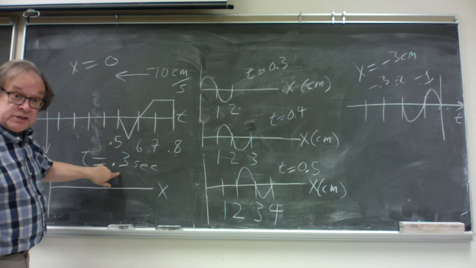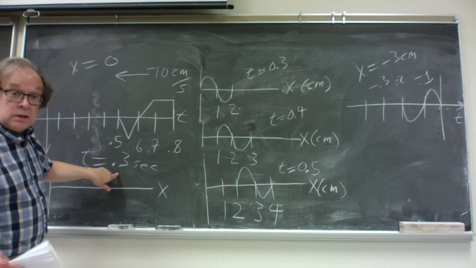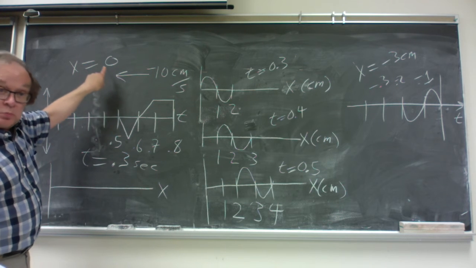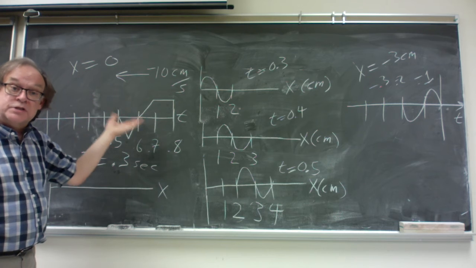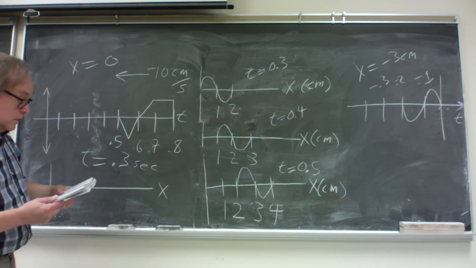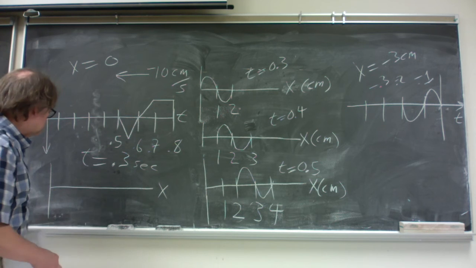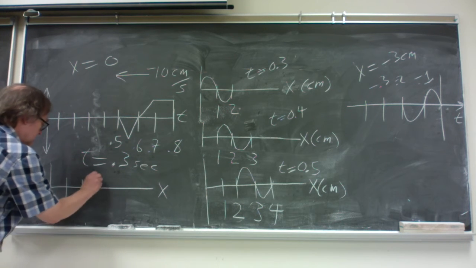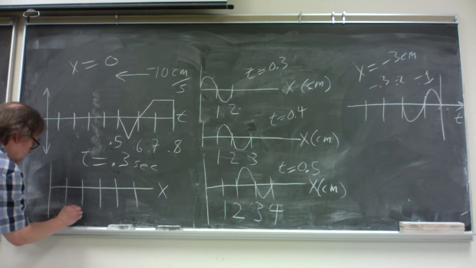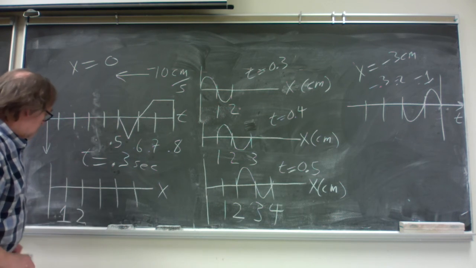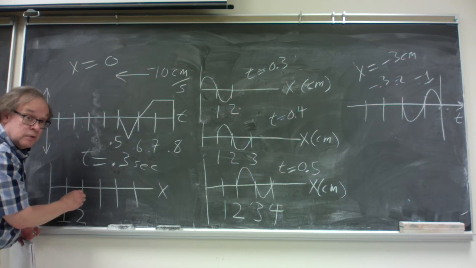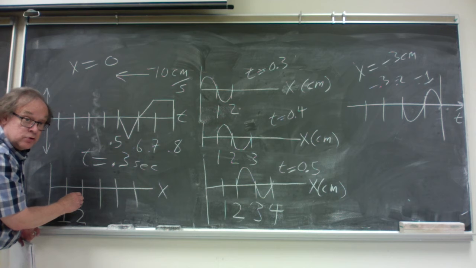So 0.2 of a second before that, it must have been 2 centimeters away from the x equals 0 point, because this is traveling at a speed of 1 centimeter per 1/10 of a second. So this time, the front edge of the pulse is 2 centimeters away.